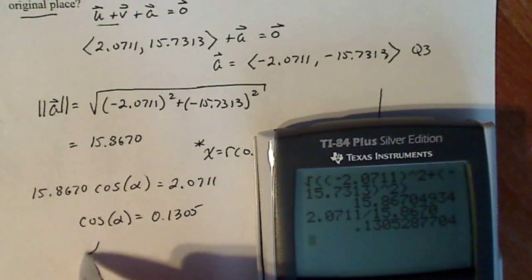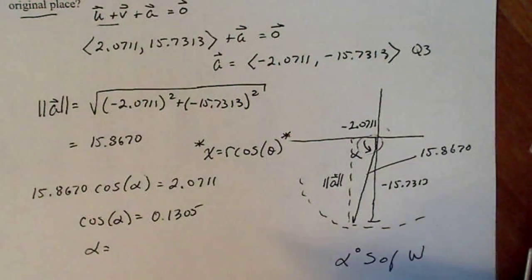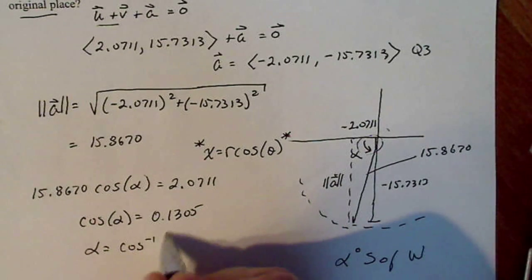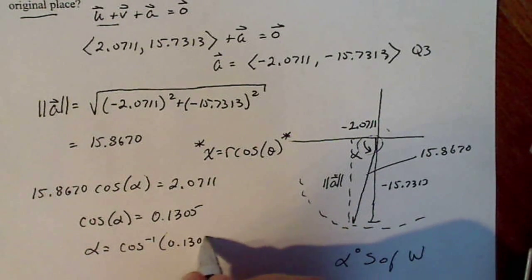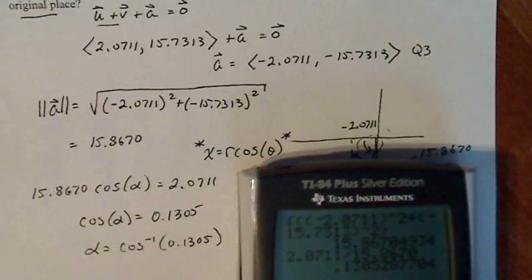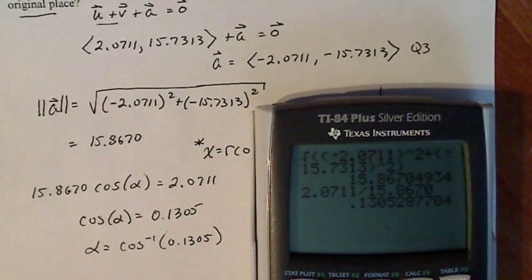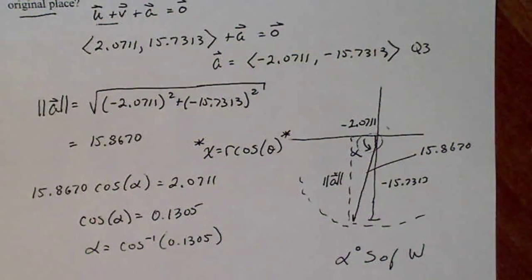All right, so that means alpha is going to be the cosine inverse of that. Cosine inverse of my answer, 82.4999 degrees.